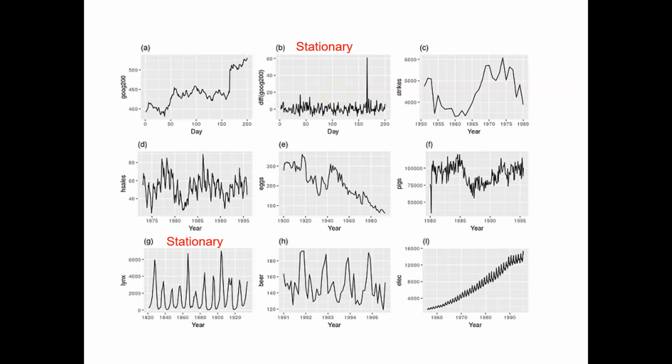So B and G are the stationary data, whereas we already saw some trends in some of the data sets like A, E, I. There the stationarity doesn't exist, so these would be non-stationary data, and similarly all others except B and G are non-stationary data because there is either a trend or some kind of seasonality present in that data.